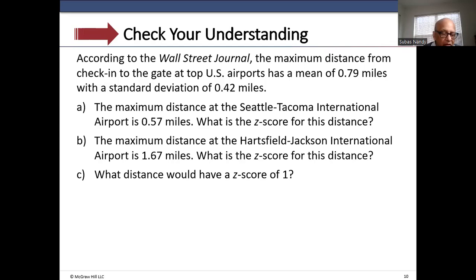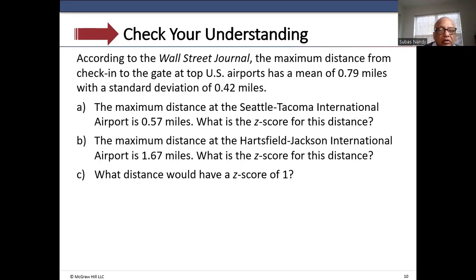So 0.57 minus the mean of 0.79 is minus 0.22, and then divide by the standard deviation of 0.42.